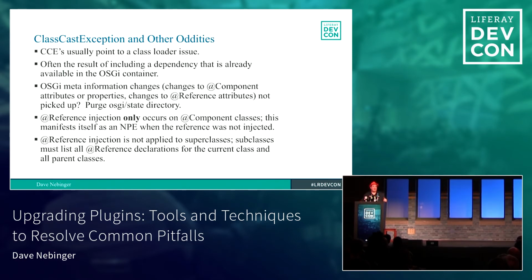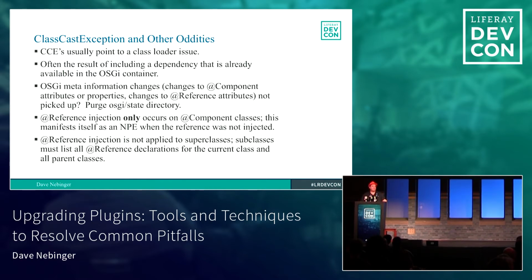ClassCastExceptions are still going to happen. We thought, I'm no longer in Liferay 6, I no longer have the class loader issues, it's not going to be a problem. Well, you can still have that problem in OSGi.